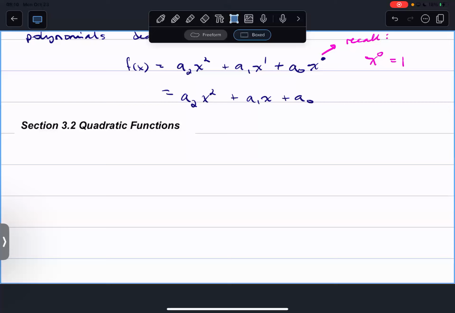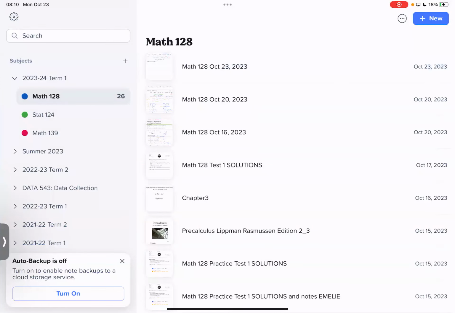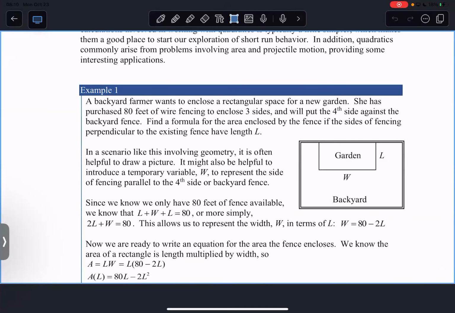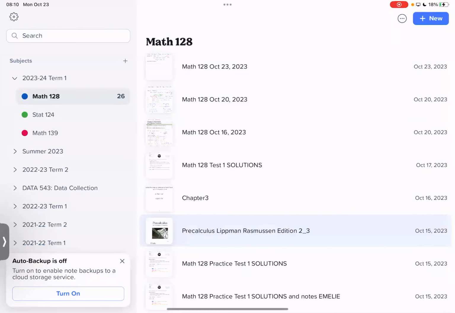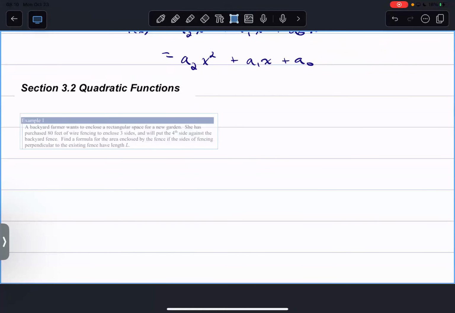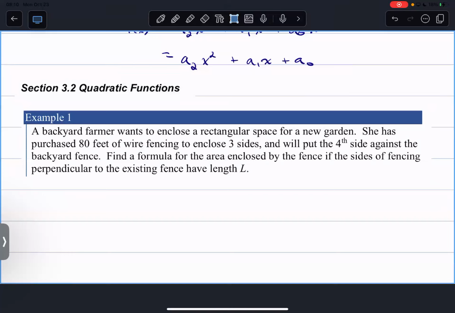And so the standard scenario that we usually introduce the concept with is something like this. You want to fence in some area, but you only have so much fencing. What are you going to do?